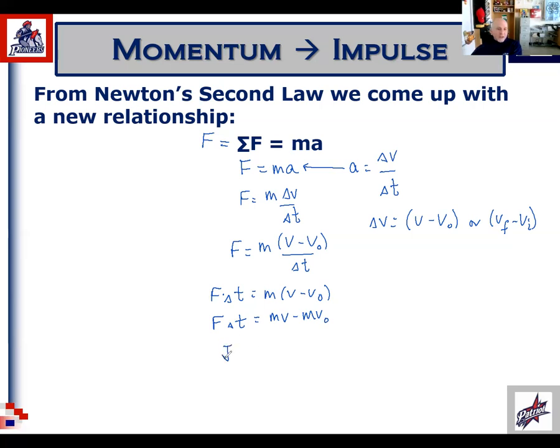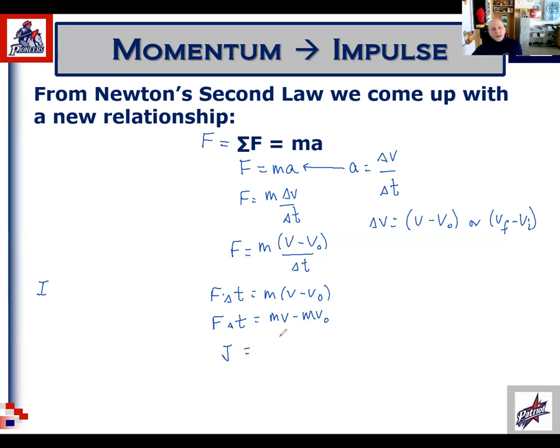Again, I don't know exactly why J. I should Google it and see if there's any logical reason, but I haven't seen it. When I was teaching IB, I saw them use an italicized I, but in a textbook, you'll see J. J is what we call impulse.